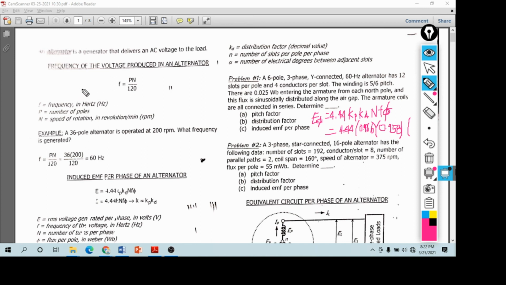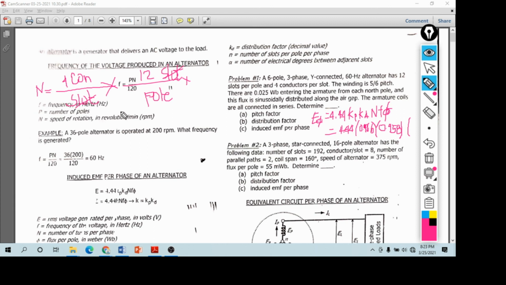So N is equal to 4 conductors per slot, multiplied by 12 slots per pole. Next, cancel the slot.